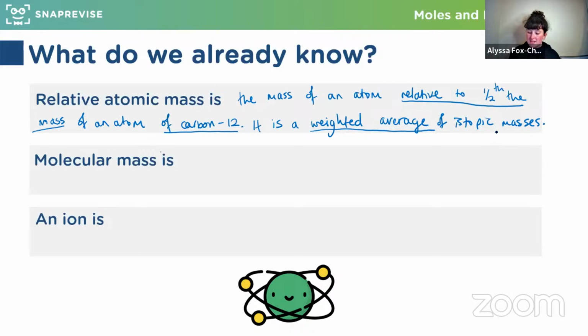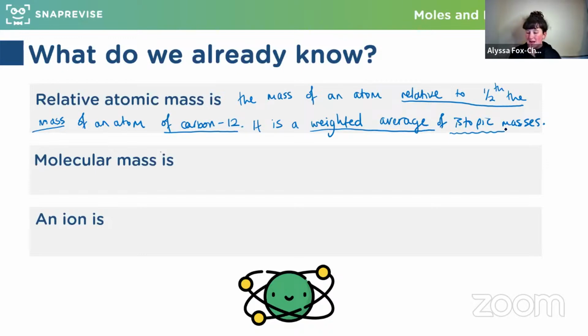But you can say of all isotopes of an atom, that would be fine as well. Sorry, all isotopes of an element would be better. So you need to also include that it's to do with isotopes. The key bits are the underlining, and you need to make sure you say something about those bits in your definition.